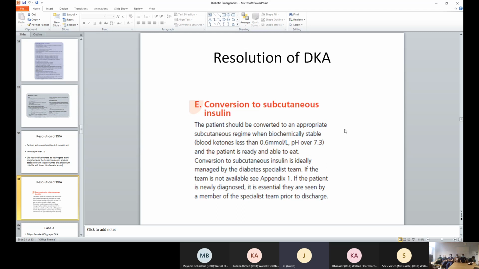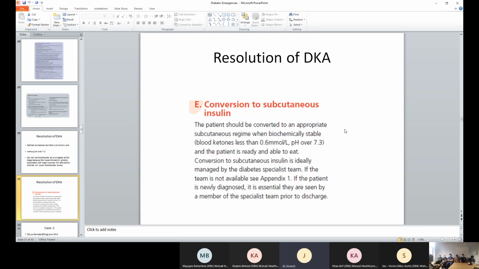Another learning point: variable rate insulin infusion should be used only if the type 1 diabetic patient is not able to eat and drink, not for high blood sugar, not for making somebody's mind peaceful.